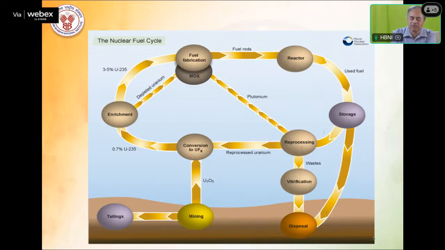And uranium, whatever we extract out, can be sent here for enrichment. And in the mining process, whatever materials are left out after extracting out the U3O8, whatever remaining portion is there, that is referred as tailings.